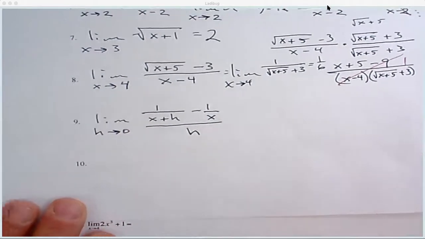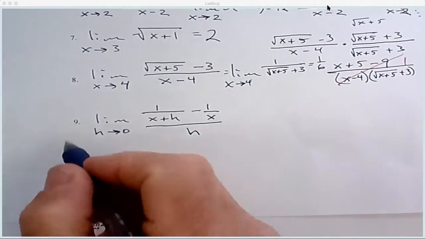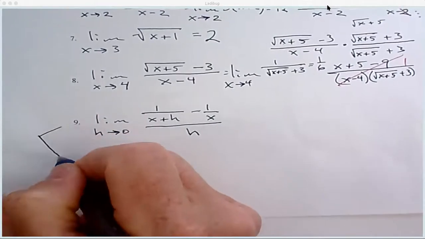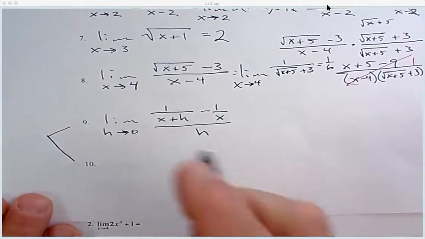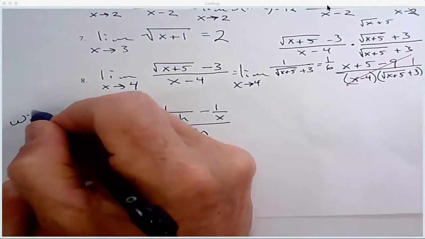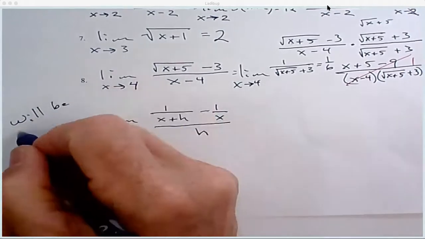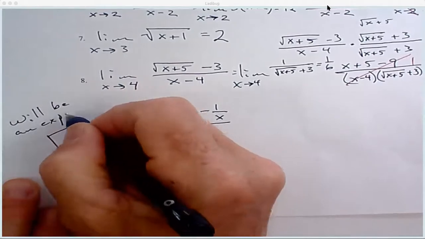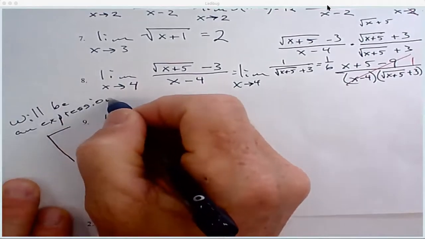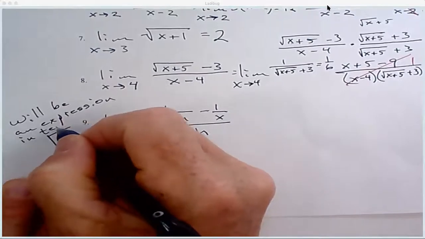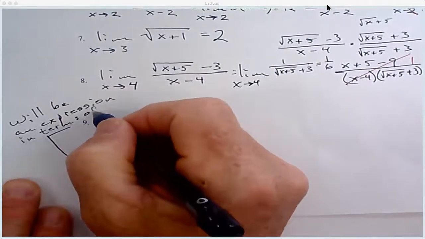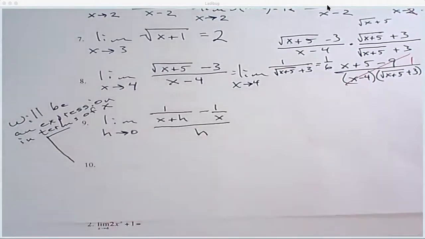So we're going to get an answer in both of these next problems that will be an expression in terms of x. Does everybody understand what I mean by in terms of x? X is going to be involved in our answer.